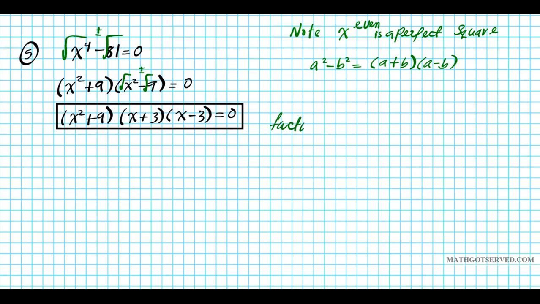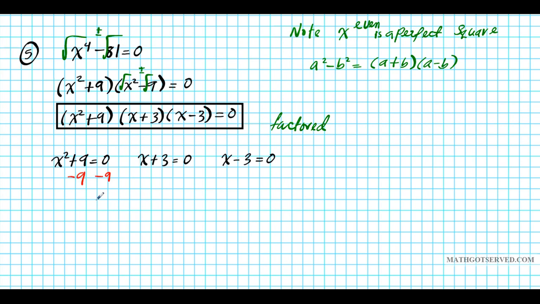Okay, so to finish this up, we're going to find a solution by using the zero product property. We set each factor to 0, and then we go ahead and solve for x. The first one, we're going to have to use the square root property since we can't factor this. Subtract 9 from both sides.